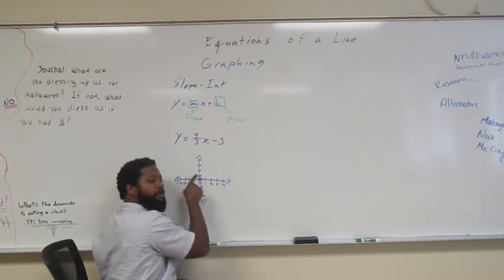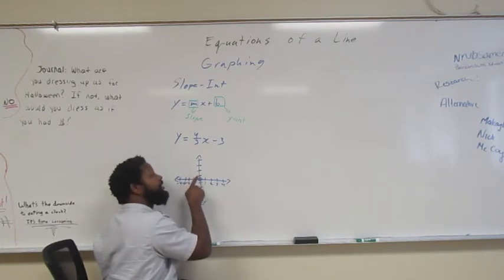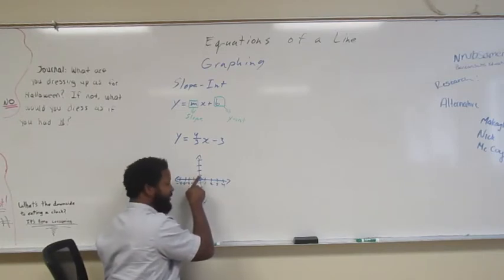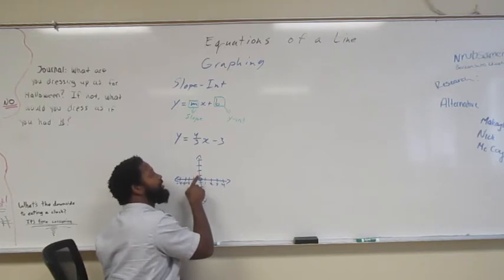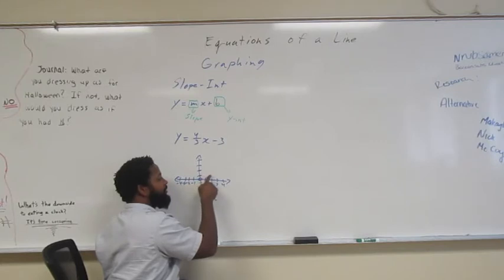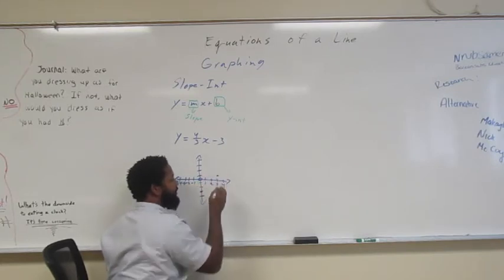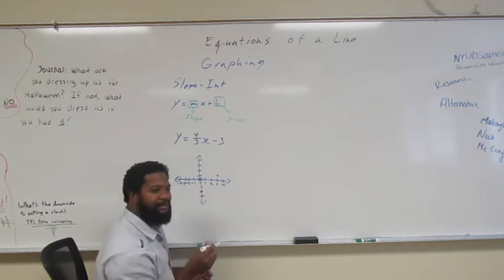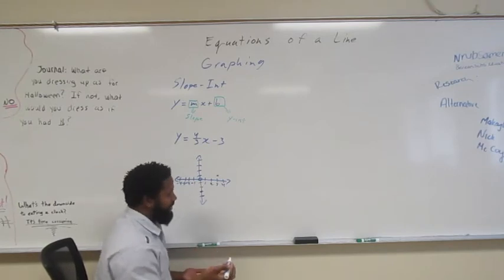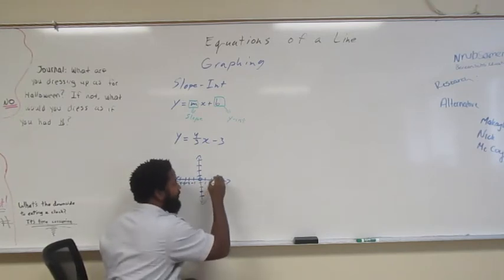And which way are we gonna run, to the left or the right? The right, because it's a positive slope. How many units do we run to the right? 3. 1, 2, 3. Boom. Okay? Easy, right? I know I'm taking this slow, but let's be real.